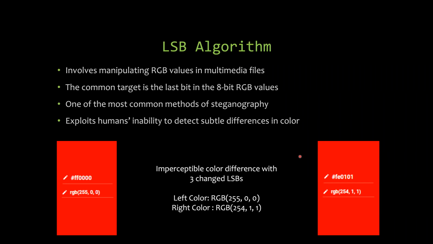So if we look at these two colors here, most people would actually say, of course, this is the same color. This visually looks exactly the same, but there's an imperceptible color difference. And we've actually changed 3 least significant bits. So the left color is 255, 0, 0, and then the right color, of course, modifying the least significant bit of each of these RGB values, we have 254, 1, 1.